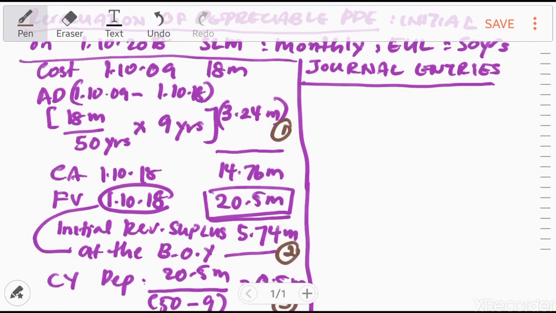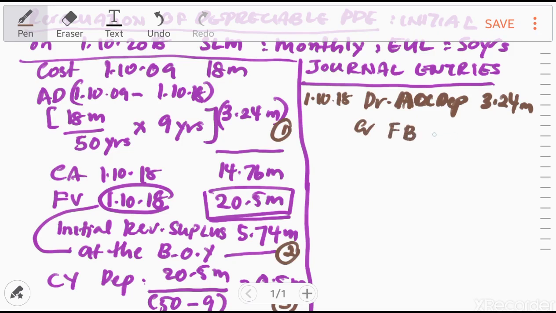So the journal entry, 1st of October 2018. You will debit accumulated depreciation 3.24 million, because you need to eliminate it, so you credit factory building B, also 3.24 million.